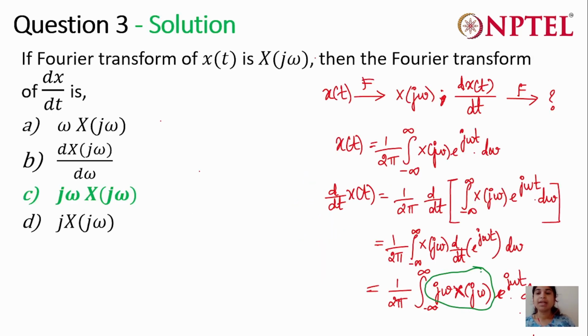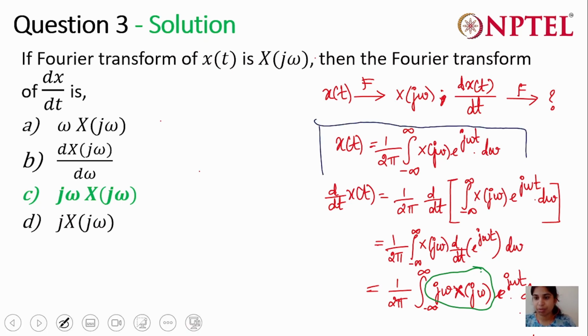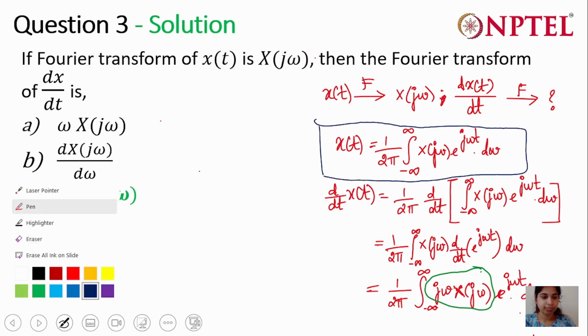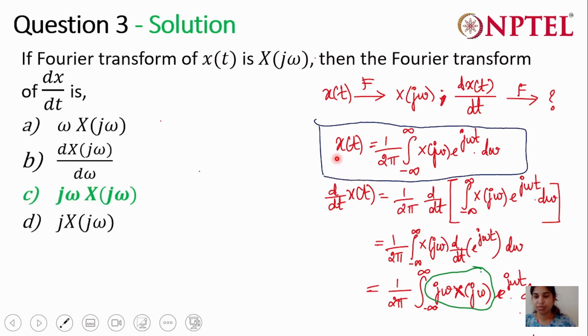Okay. So let us see how do we get to this answer. So we have taken the inverse Fourier transform expression. So x of t is 1 by 2 pi minus infinity to infinity capital X of j omega e power j omega t into d omega. Now we are differentiating this inverse Fourier transform equation.